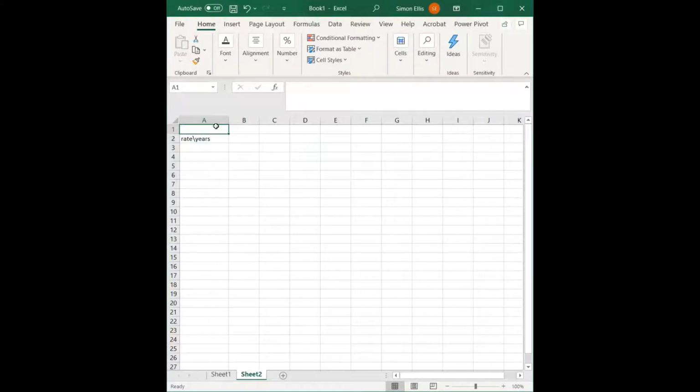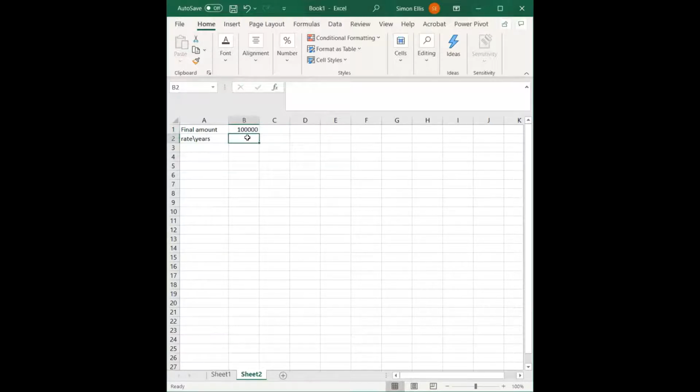And so we know our final amount is $100,000. And then we know our initial balance is the final amount divided by 1 plus the rate raised to the power of years.